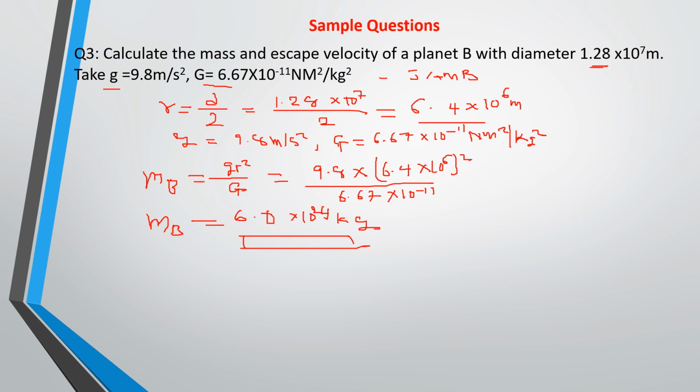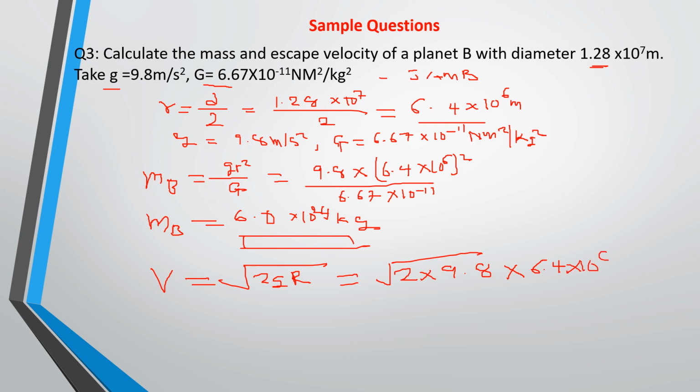Now the escape velocity V is given by V equals square root of 2gR. The radius of the earth, you have known it already, to be 6.4 times 10 to the power 6. So if you substitute into this equation, you have square root of 2 times 9.8 given to you multiplied by 6.4 times 10 raised to the power 6.